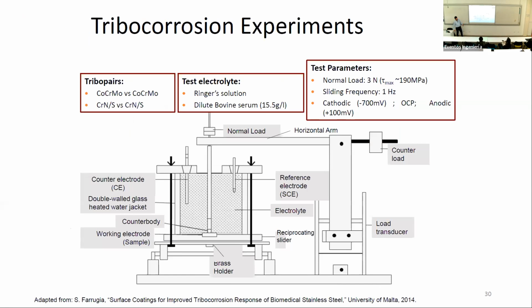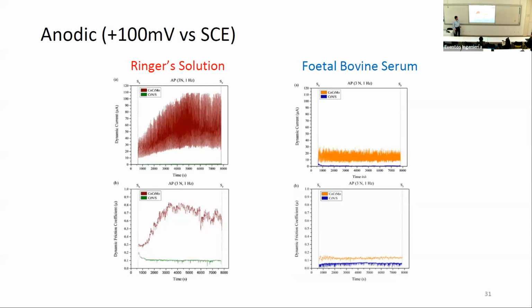We did tribocorrosion testing, this time under a normal load of 3 newtons. And I'm only showing here now some results under anodic conditions. Over here, we carried out the tests in Ringer's solution, and in Ringer's solution where we had some protein, some fetal bovine serum.